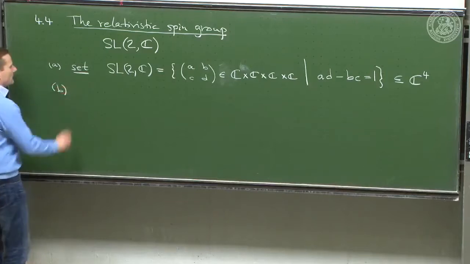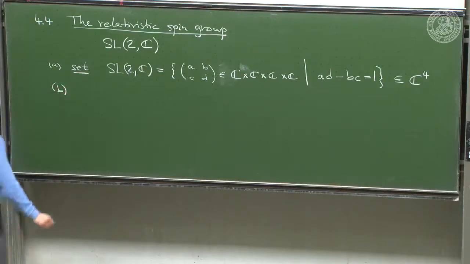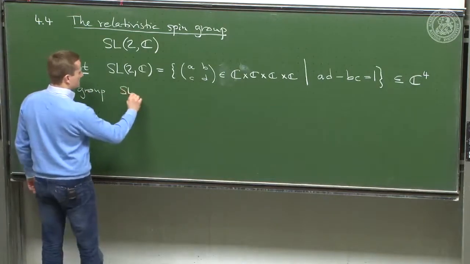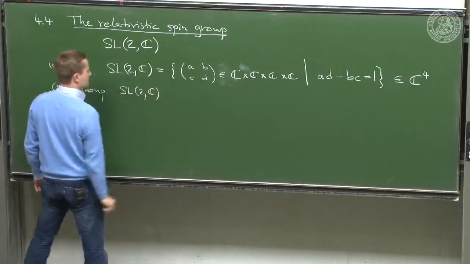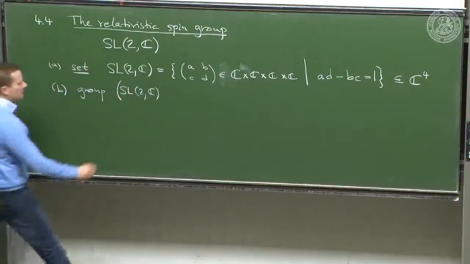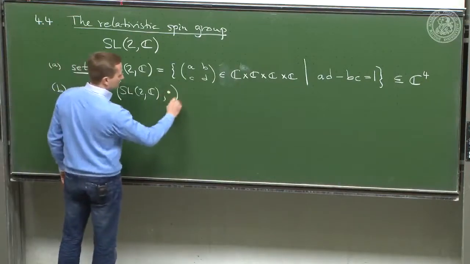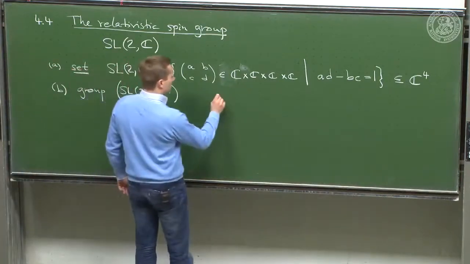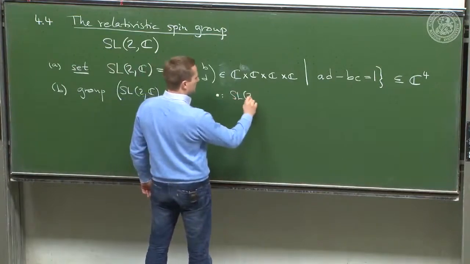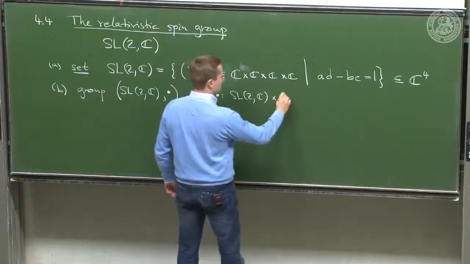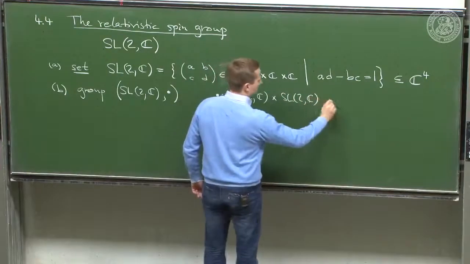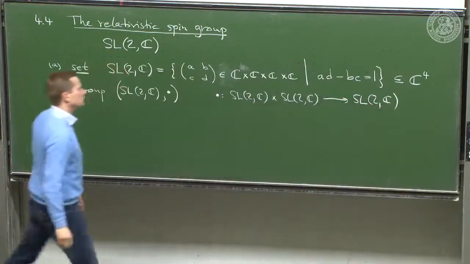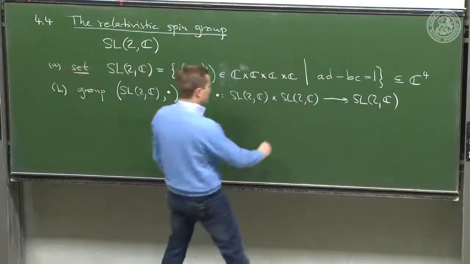Well, but now we make the set into a group. A group is first and foremost a set, but then it has a group operation which we call blob. And this blob is an operation that takes two elements of SL2,C and makes them into one new element of SL2,C. And this blob is defined as follows.